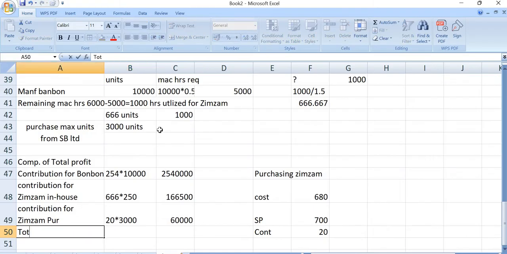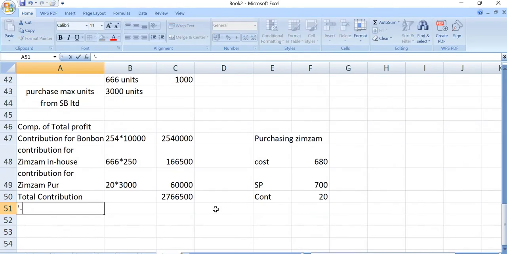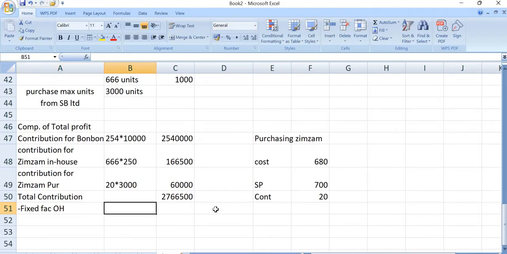So total contribution will be 27,66,500. If I am reducing my fixed factory overheads, that is 2,40,000 altogether, not for individual products.